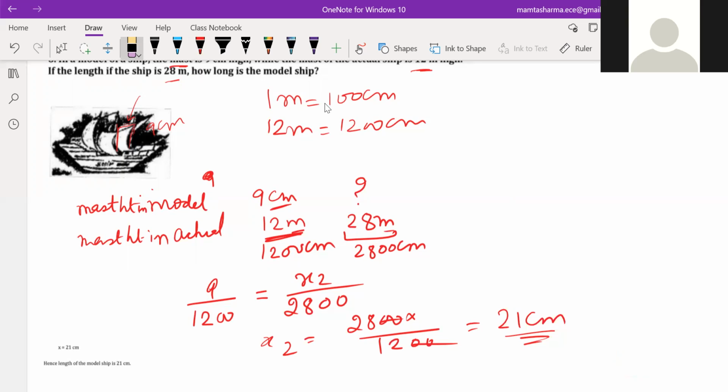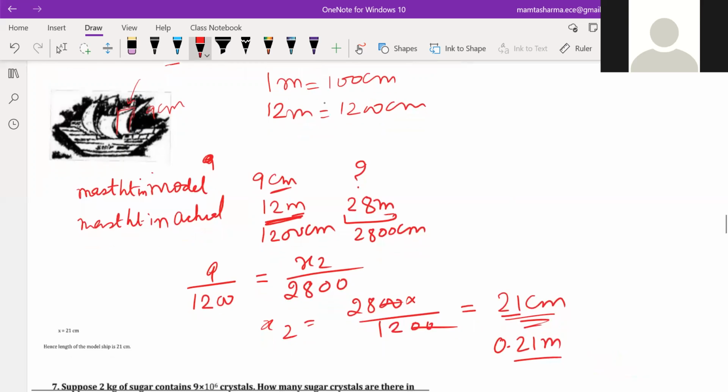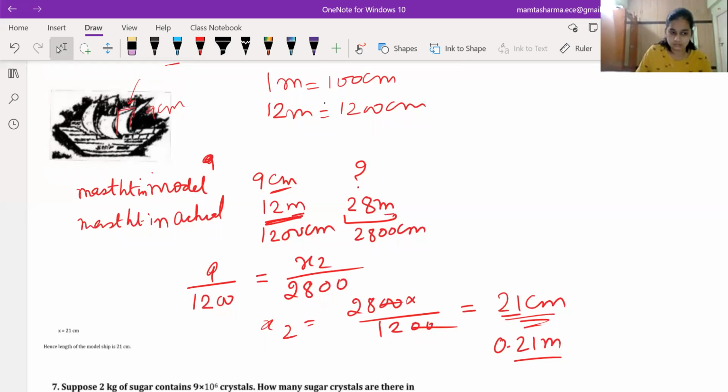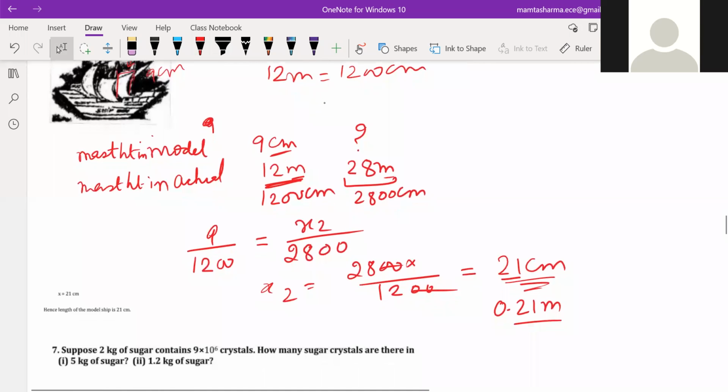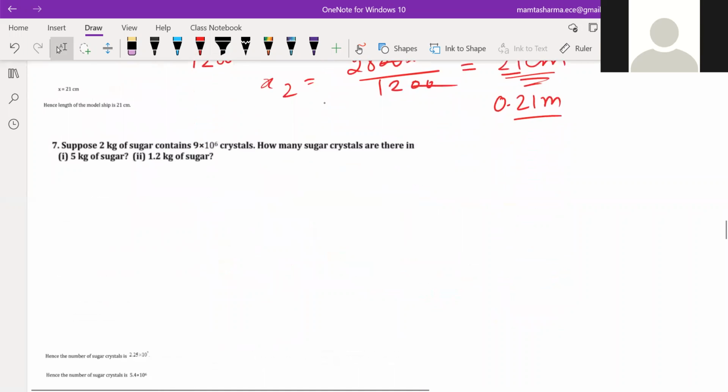Shubhra, maybe you have done a mistake somewhere. Ma'am, that's what I was telling. Check it again. This 21 centimeter would be 0.21 meter. You would have done a mistake somewhere. Please check it.